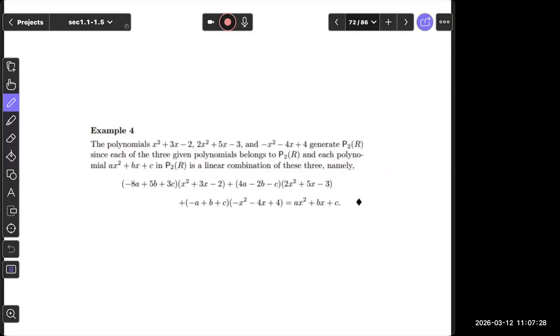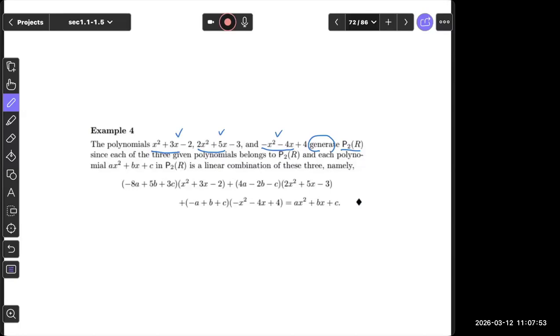Now, in example 4, I have three polynomials, and the claim here is that they generate P2 space. First of all, we just selected three vectors.